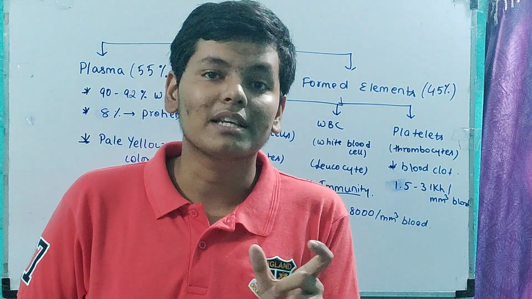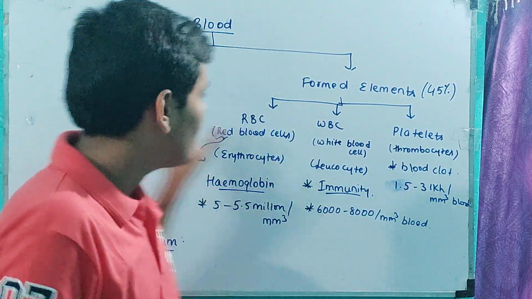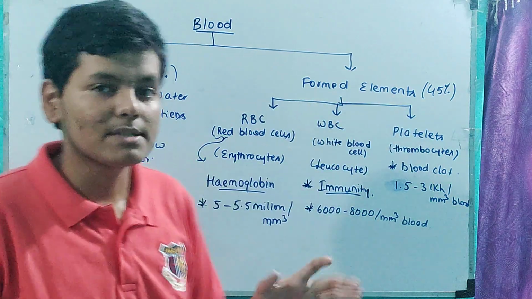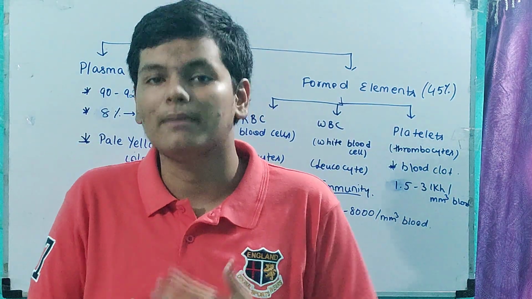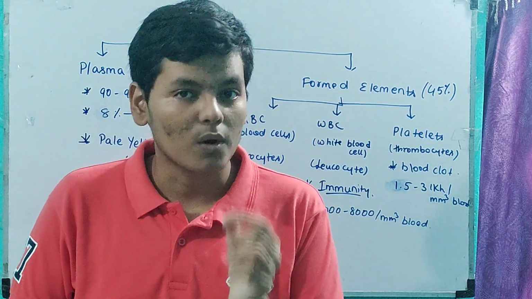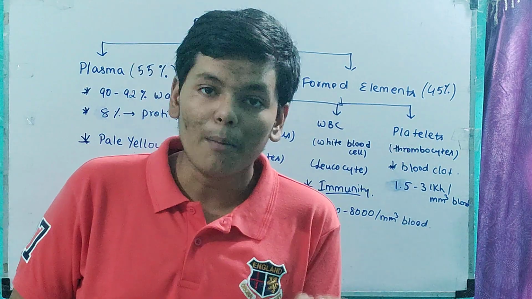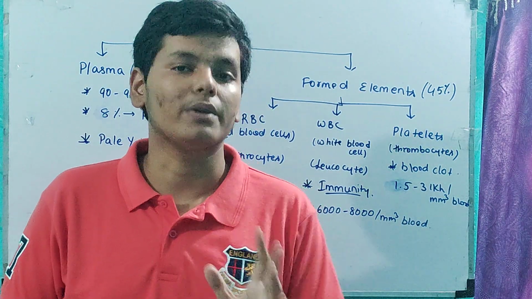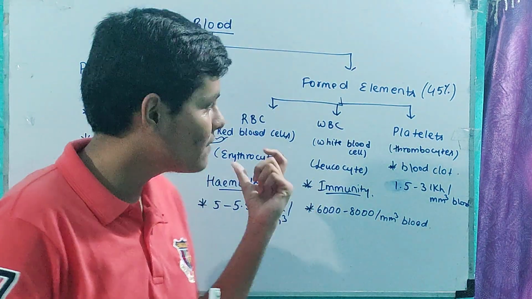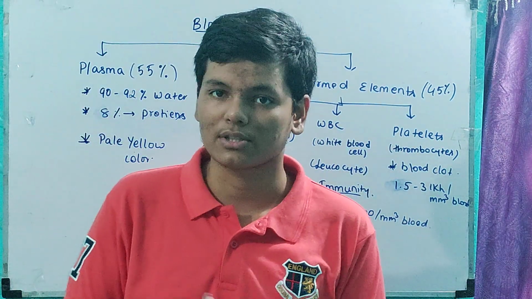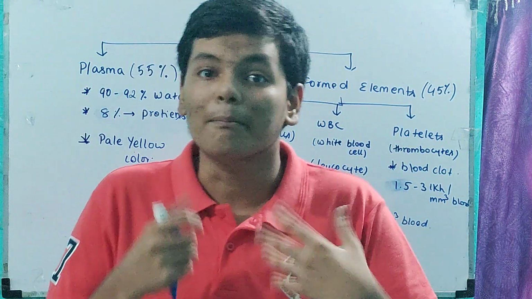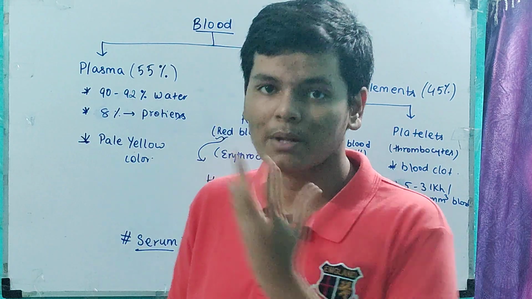Fibrinogen protein along with the platelets performs a series of reactions which help in blood clotting. And then we have globulin proteins, which help in immunity. They act with the WBC and help in the immunity functions of the body. So these are the 3 major proteins present inside the plasma.